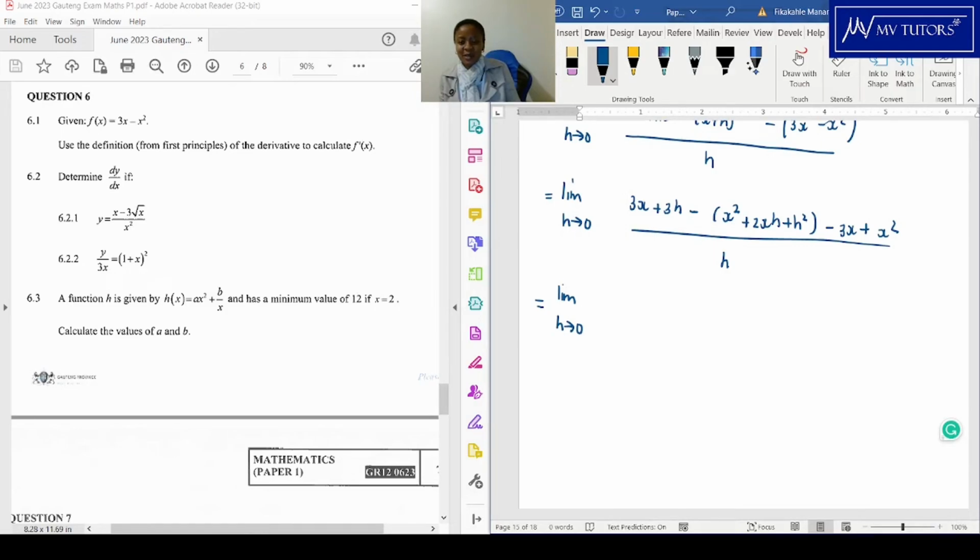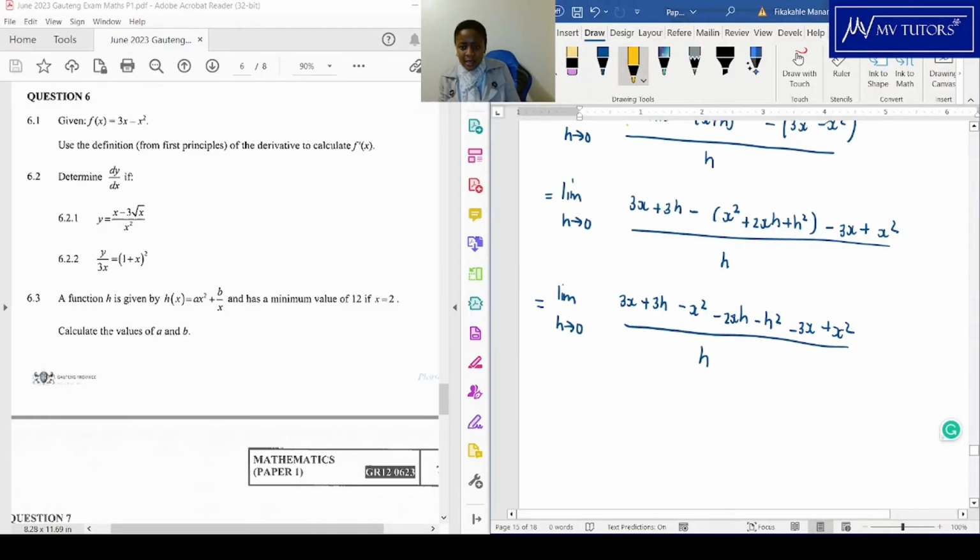Okay, so anyway, we have 3x plus 3h minus x squared minus 2xh minus h squared minus 3x plus x squared. And then we're going to cancel a few things over here. I can cancel out the 3x, and I can also cancel out the x squared.